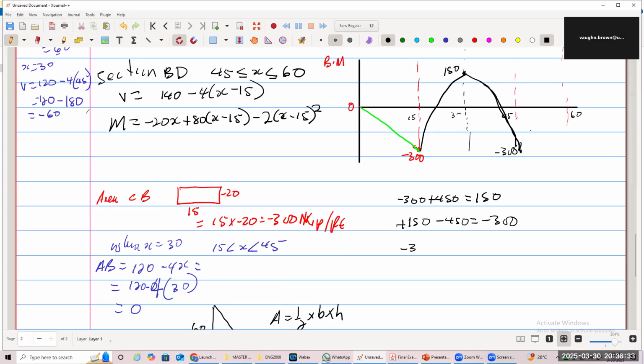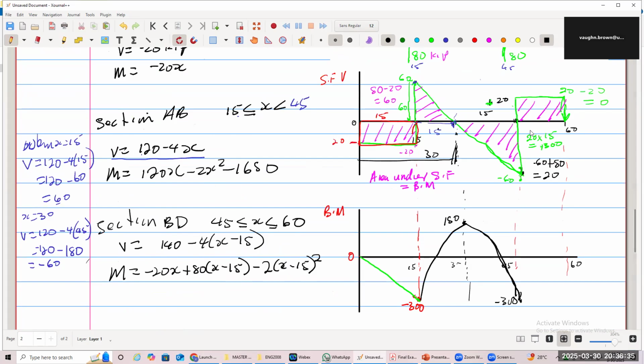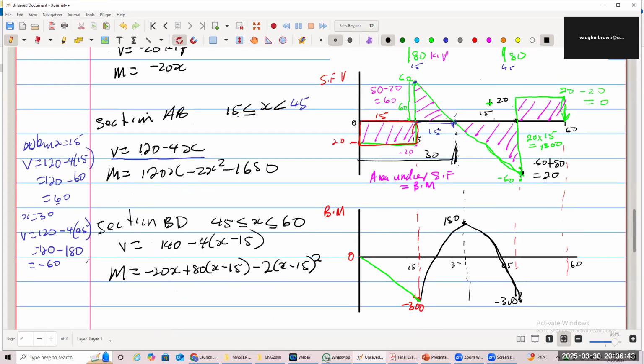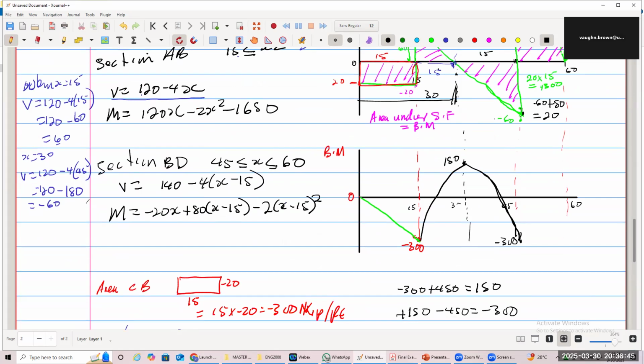So if you have minus 300 and you have positive 300, you notice I'm not even using the equation, we get 0. So it must go back where? So the line for it must automatically come back right there. And that is as simple as it is. So these areas are minus. This area is positive up here. All right?